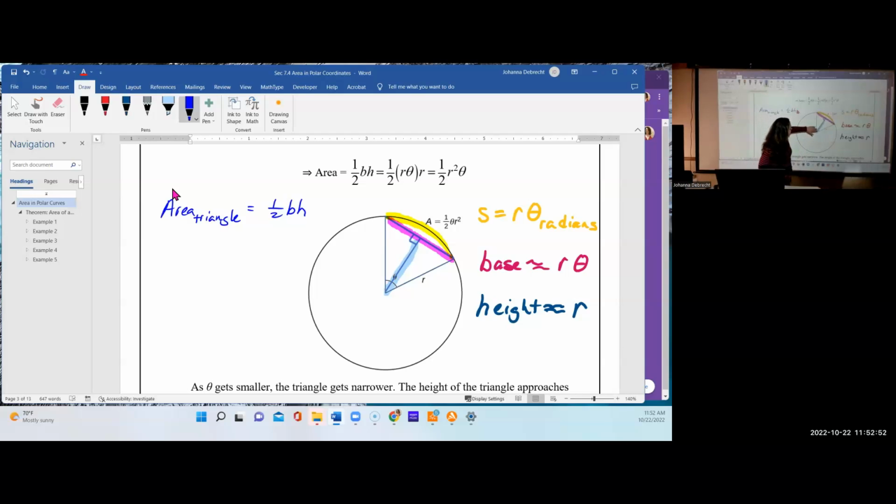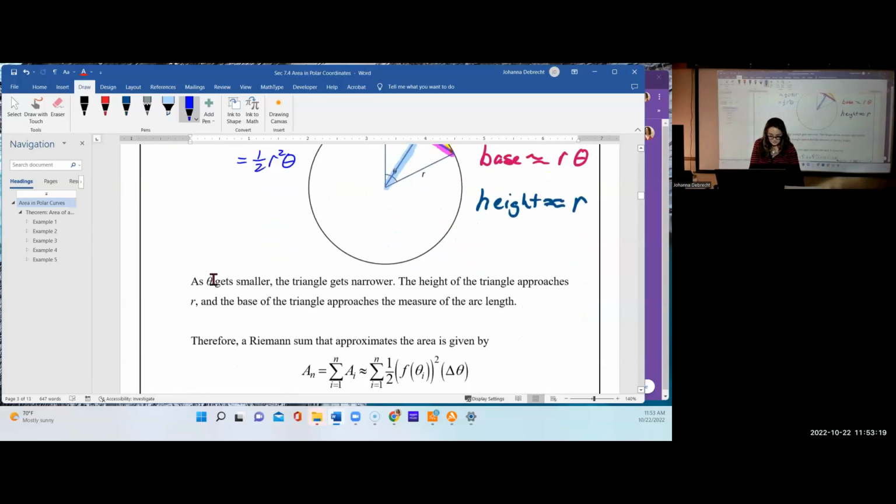So it really is 1/2 of the measure of the blue times the measure of the pink, but that's approximately equal to 1/2, replace the base with r theta, and replace the height with r. And then we can simplify that, and it becomes 1/2 r squared theta. Now, as theta gets smaller and smaller, they get closer together, and it becomes a better approximation.